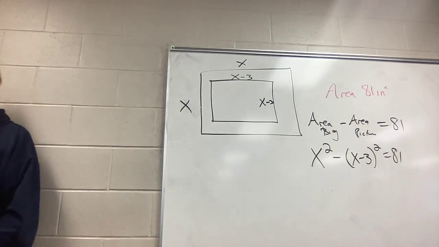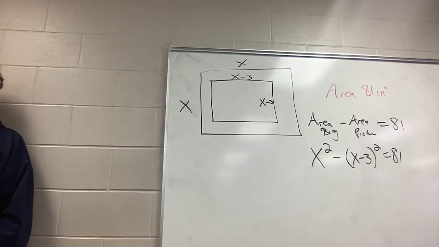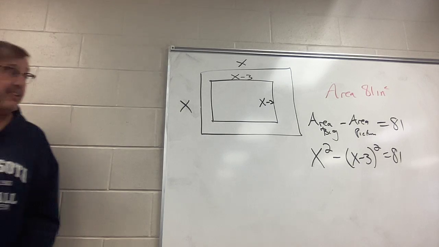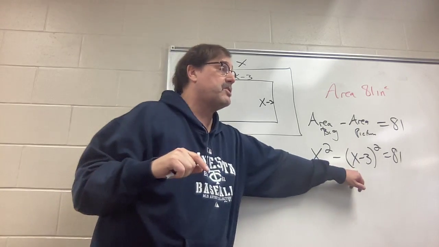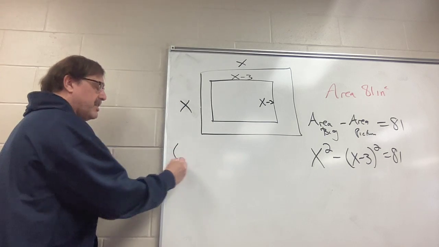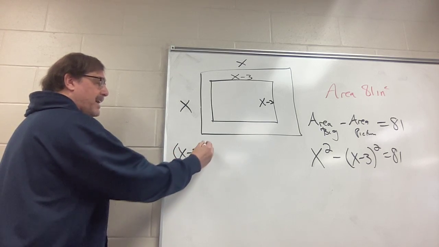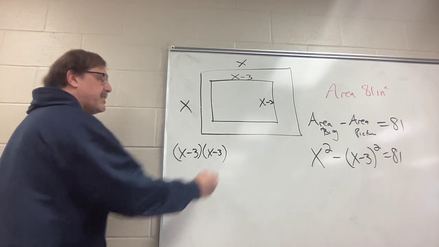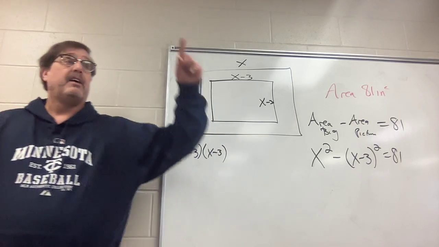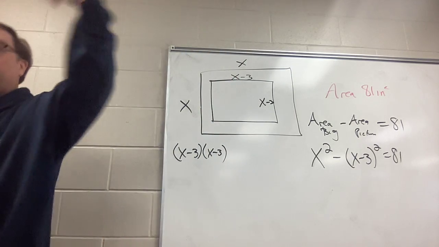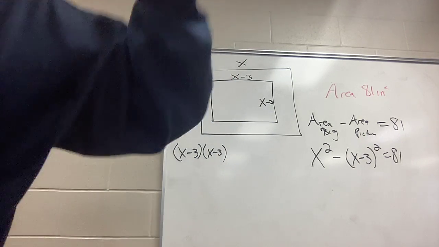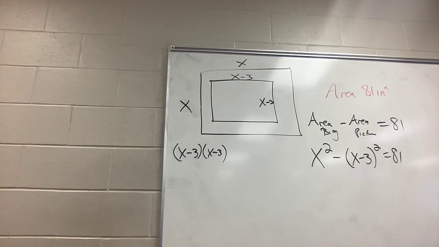Now, although this is a word problem, allow me to remind you that x minus 3 squared must, not optional, must be x minus 3 times x minus 3. In fact, that will come up in some of your factoring review, and that will come up on your factoring test.